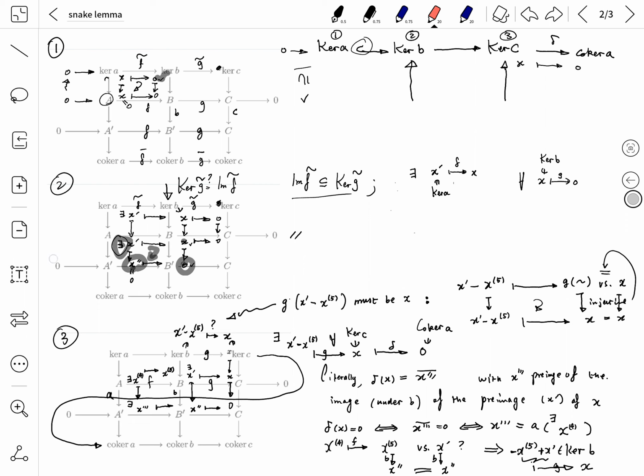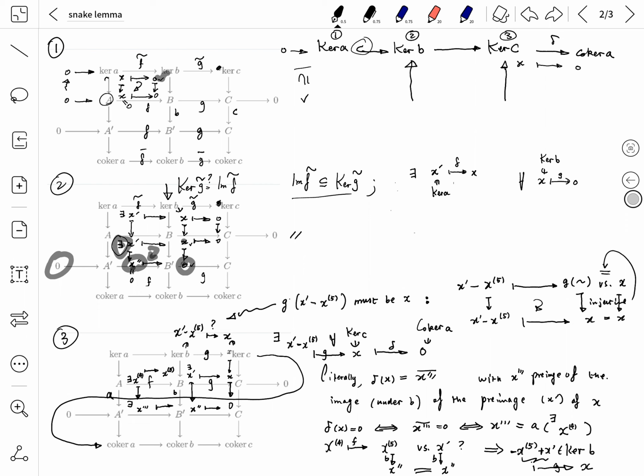But here, this is essential. Here we require this map, which we still call f, to be an injective map. This implies this x double prime must be 0.